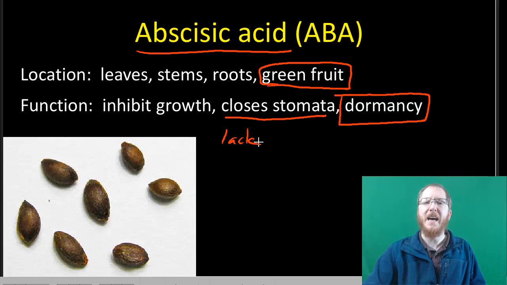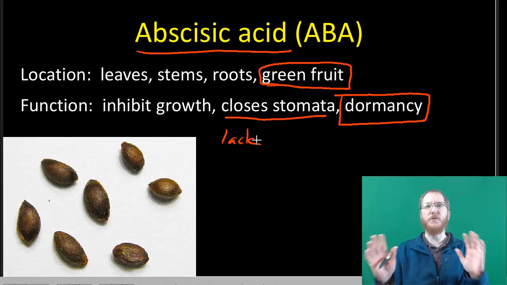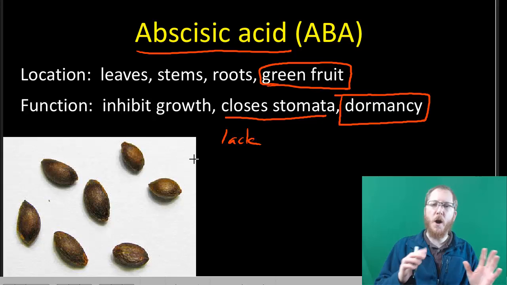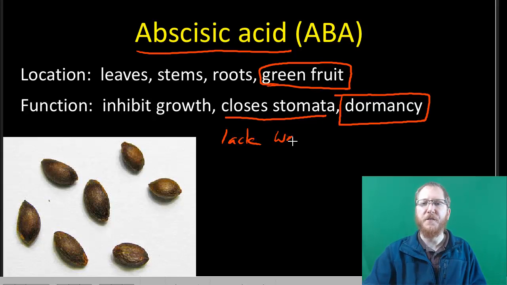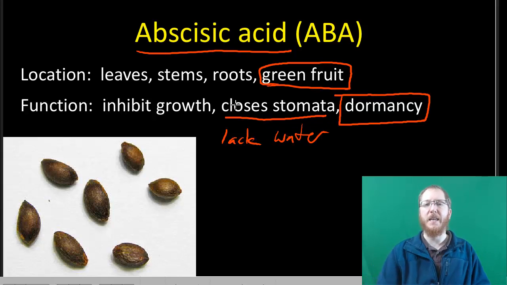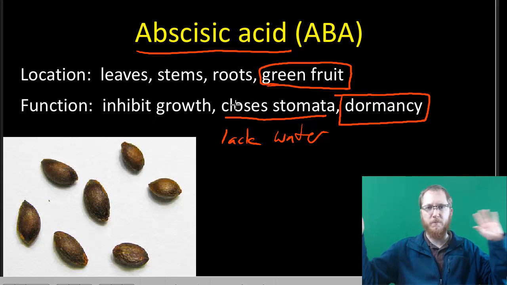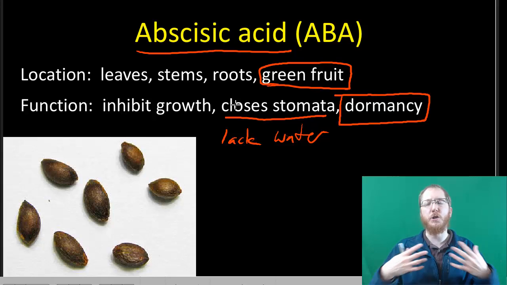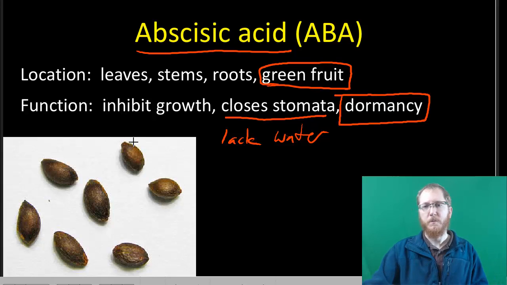So if we're looking at that whole transpiration, photosynthesis compromise, where you're trying to grow but then you lose water, if you start to lack water severely, you'll produce abscisic acid and it'll just close things up. And you'll say, all right, we don't want to die, so we'll shut our stomata down and just do without as much photosynthesis. So it inhibits growth, that's tied to dormancy, but it's basically just saying wait, is what this one's whole thing is.